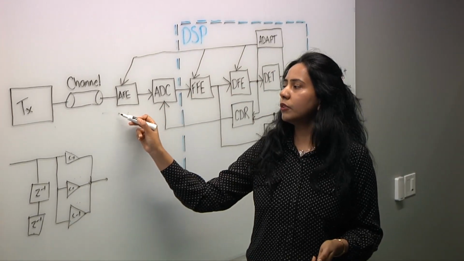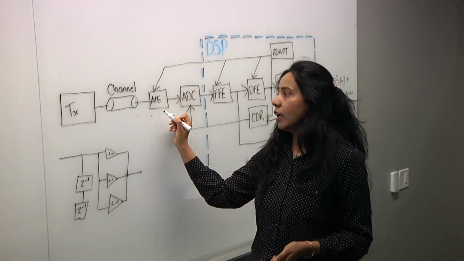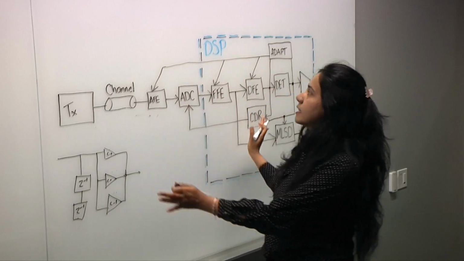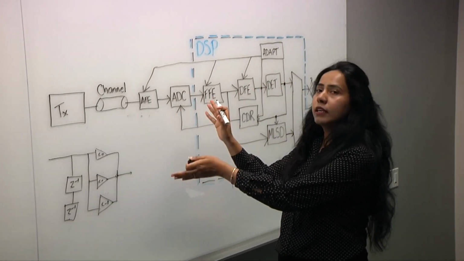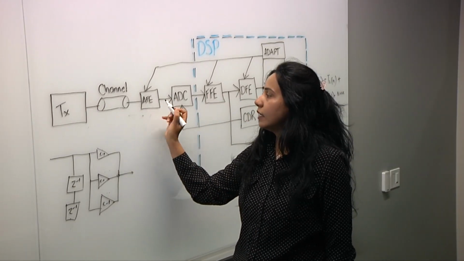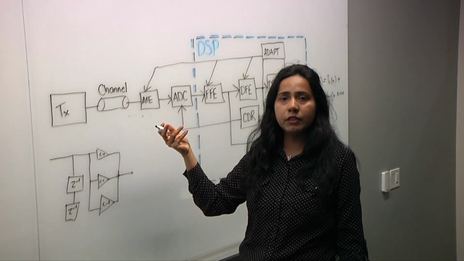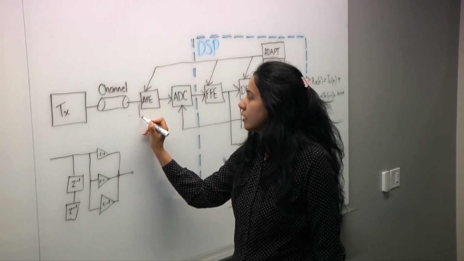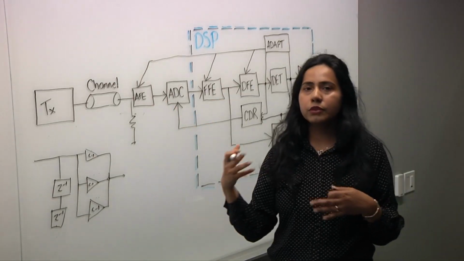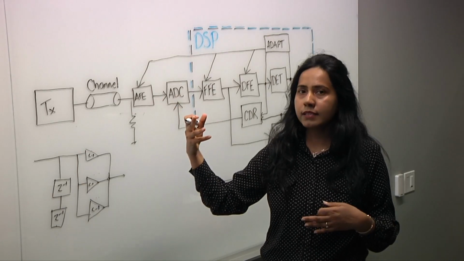If we look at each of these blocks on the receiver side, first is the analog front end. You can think of this DSP as having one part analog and the other part digital, right? In the analog front end, there is passive equalization and there is active equalization. In the case of passive equalization, you can have a termination circuit, basically an RC network chosen to provide the passive equalization, a high pass termination.